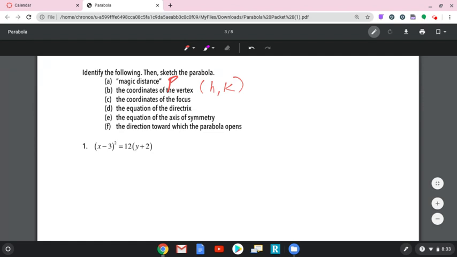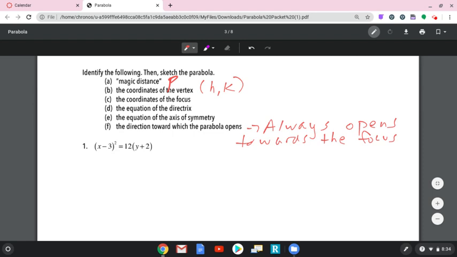And the direction towards which the parabola opens, it always opens towards the focus. That is important for you to know.